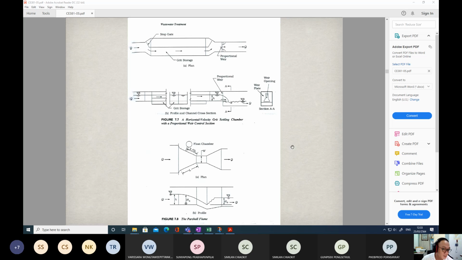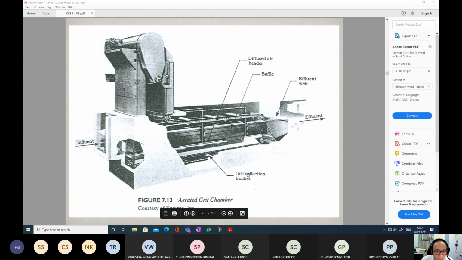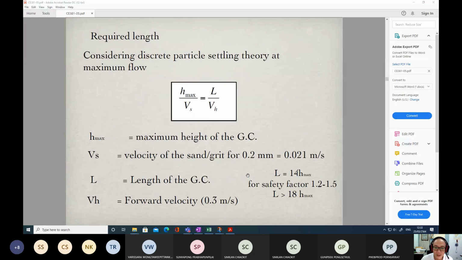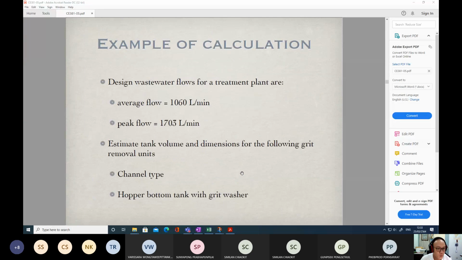But anyway, the grid chamber is also a must-have unit operation. Sometimes we cannot avoid it. Most wastewater treatment plants need to have this one, especially domestic wastewater treatment plants, because all forms of grit may come along with the wastewater. For examples, probably we will talk about it again next week.